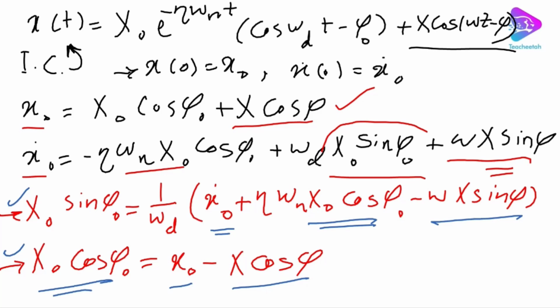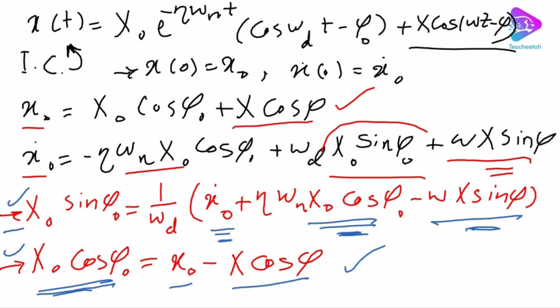How can we find them? For this part, it's pretty easy, because we know x naught, and then we have x cos phi from before, because we found x and phi. For the top equation, after we find x naught cos phi naught, we just use it in here. We know this one and that one, and then we can find the top equation as well.